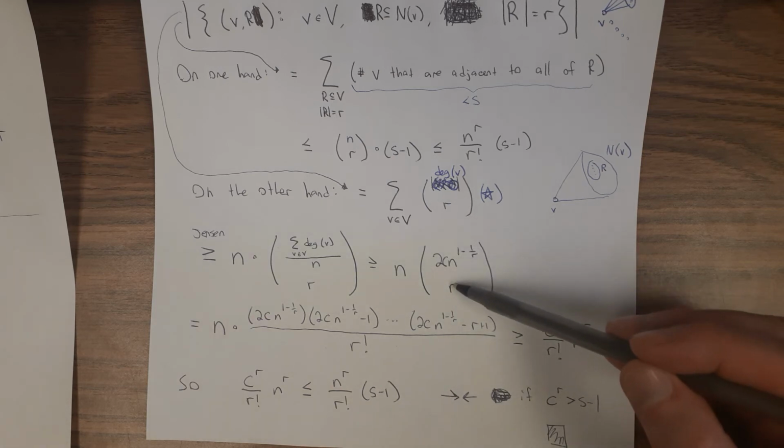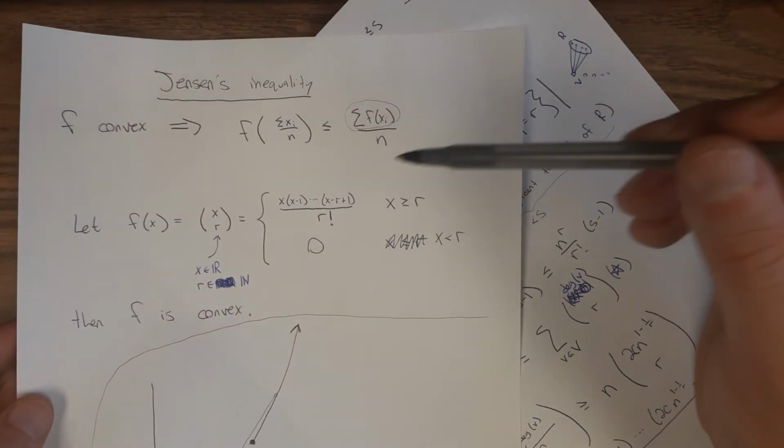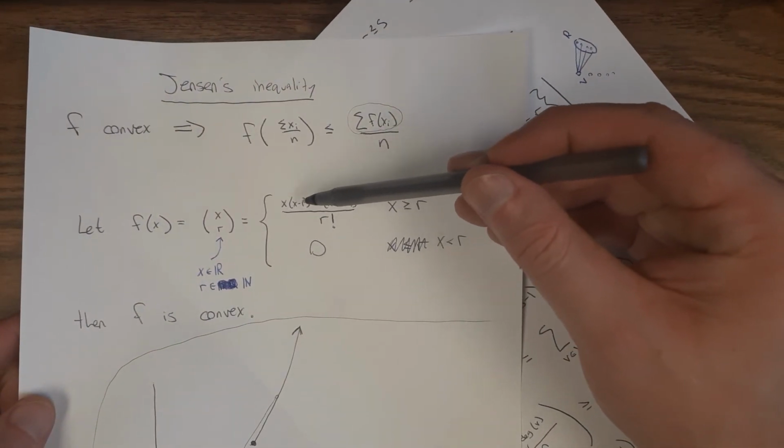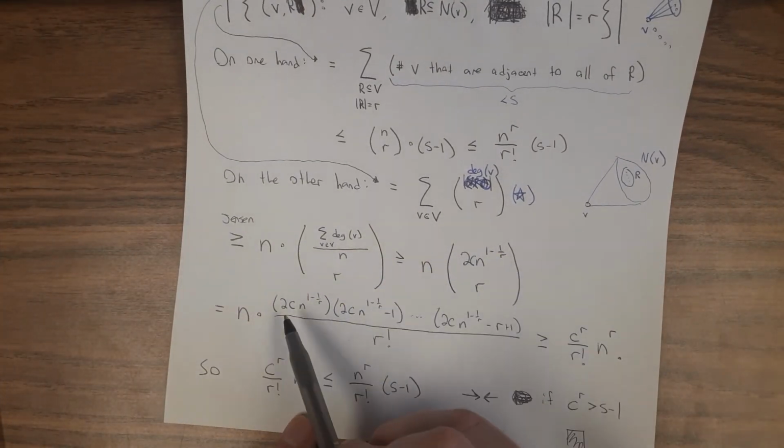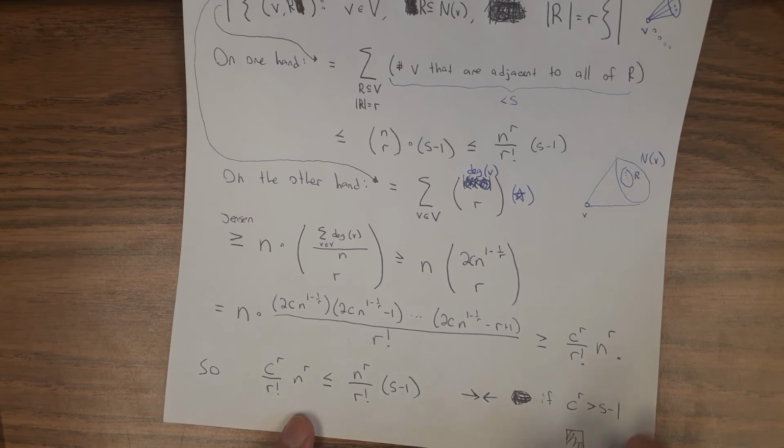And the way you evaluate such a thing is this formula. It's this number times the number minus 1 times the number minus 2, all the way down to this, divided by r factorial, and it's times n. I would like to estimate that.